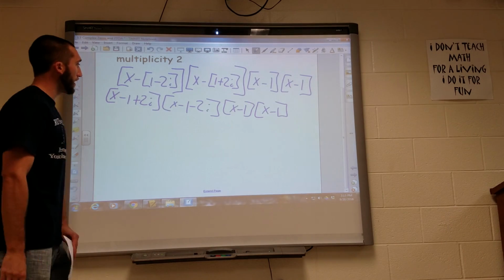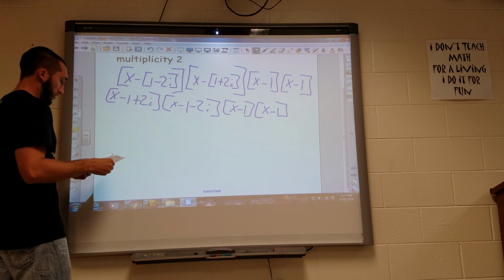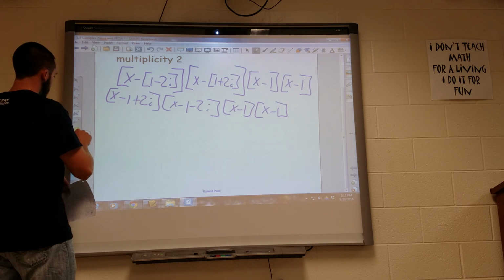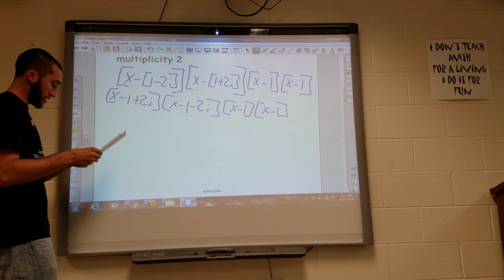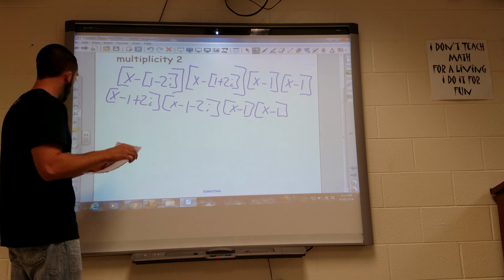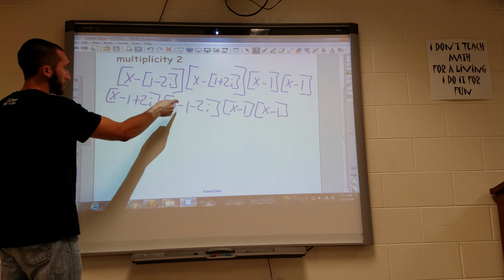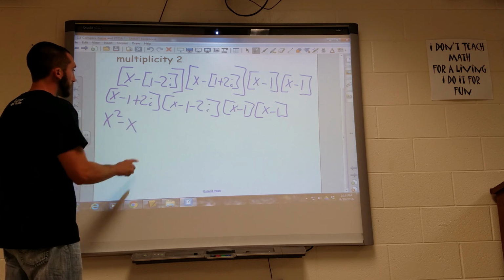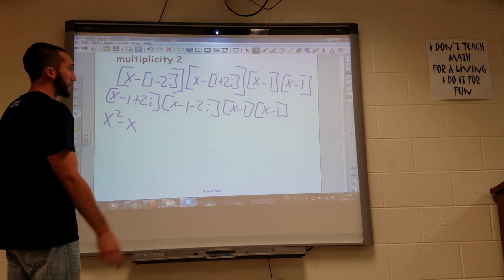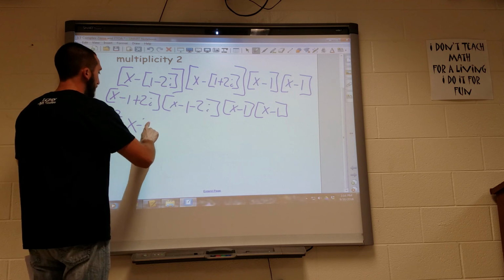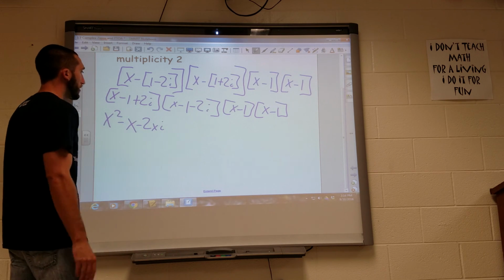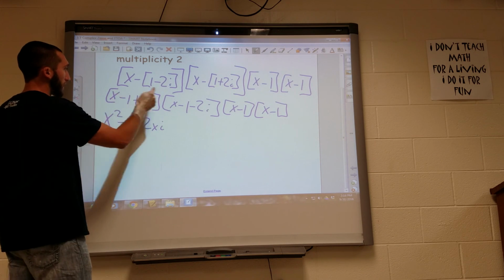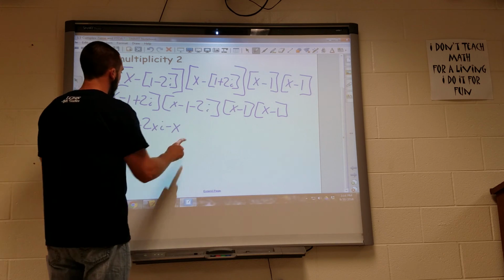So continuing on, I'll FOIL here. So when I FOIL, x times x, x squared, x times negative 1, negative x, x times negative 2i, negative 2xi. Then I'll move on to my negative 1. Negative 1 times x, negative x.